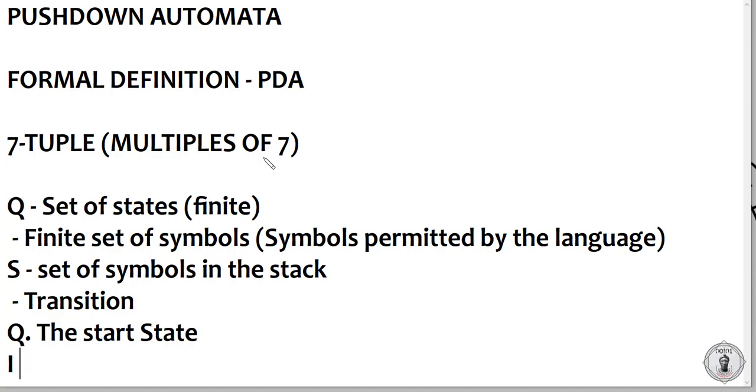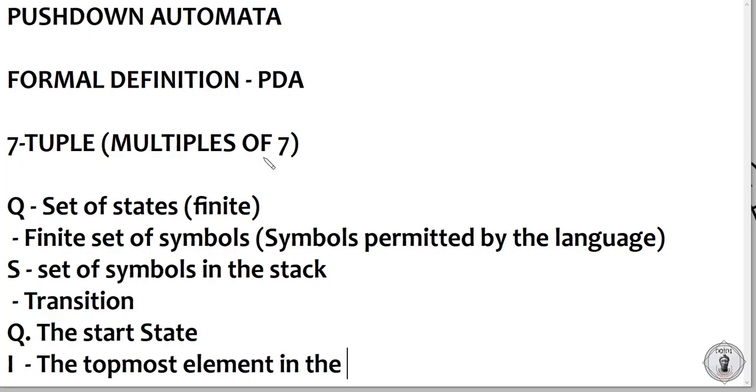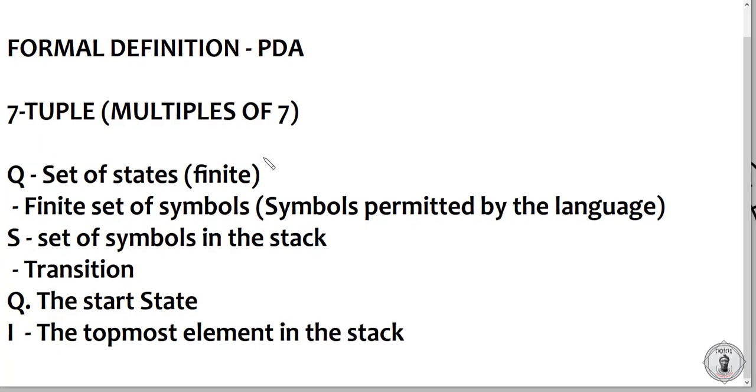We use I for representing the topmost element in the stack, and we use F as the final state. And this could be multiple. We can have more than one final state. So this is the formal definition of a pushdown automaton.